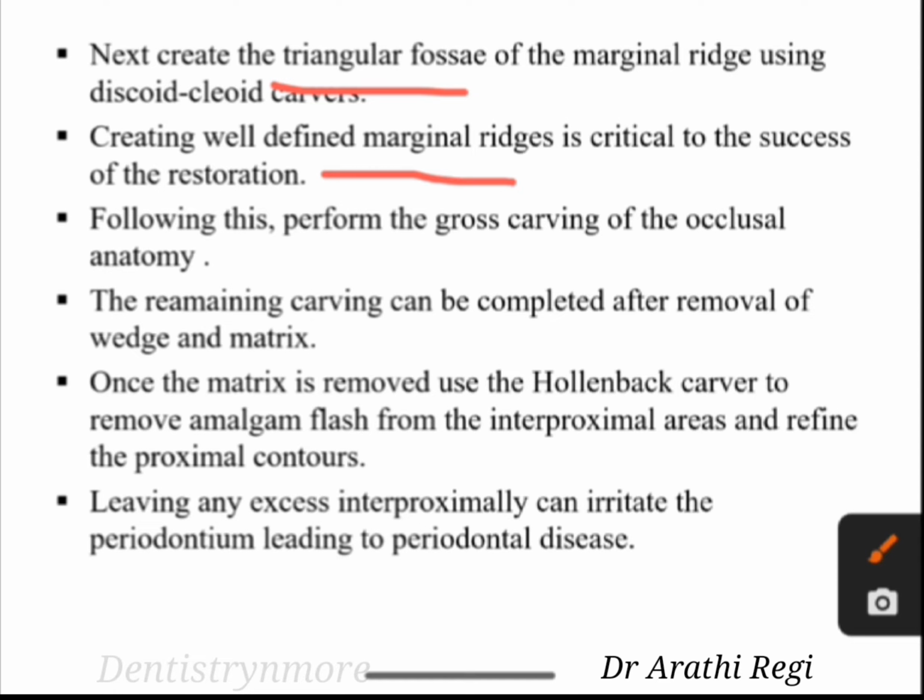The remaining carving can be completed after removal of the wedge and matrix. After the removal of the matrix, a Hollenback carver is used to remove the amalgam flash from the interproximal areas, as leaving any excess interproximally can irritate the periodontium and lead to periodontal diseases. So you must note the principles of carving.